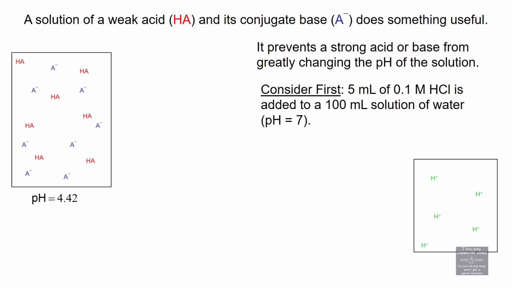In order to find that out, I need to know how many moles, and what's the concentration of H+. So I'm going to say 0.005 liters times 0.1 moles of H+ per 1 liter because it's strong. I said soluble, I meant strong.